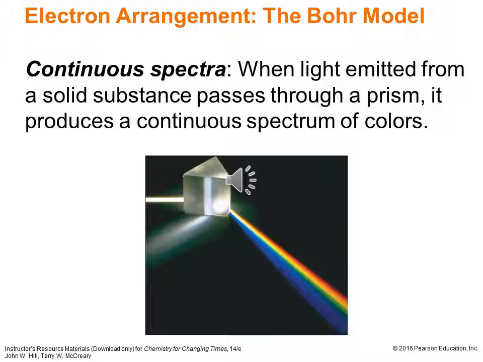So again, for that continuous spectrum, you would think about white light going through a prism, for instance, and being separated into a continuous spectrum of all the visible colors of light. In the case of atomic transitions, you don't get that because it's not a continuous type of matter.